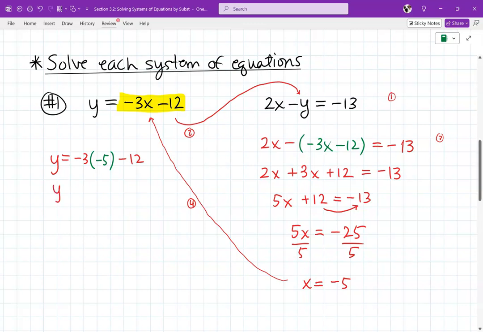So y is equal to 15 minus 12. So y is 3. Step 5 says write it as a point. So my answer is negative 5, 3. This is step 5.